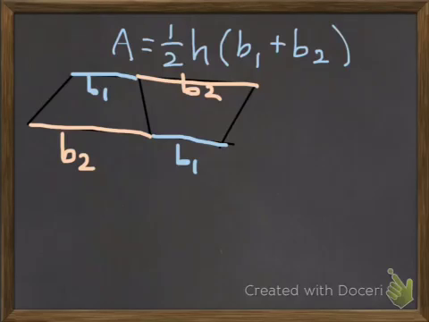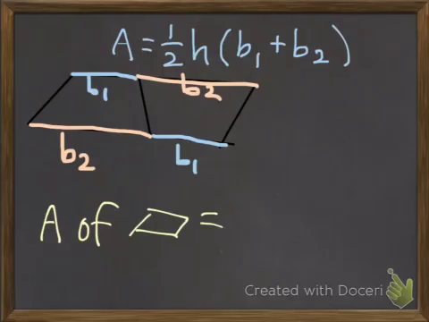Now, if you recall, a parallelogram, okay, so let me write down at the bottom so I don't confuse you. I'm going to say area of a parallelogram equals base times height.